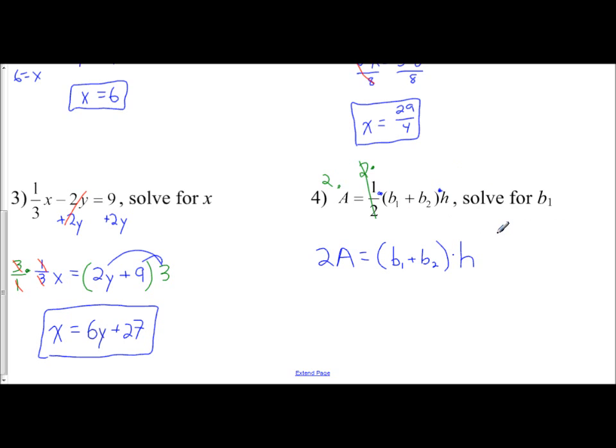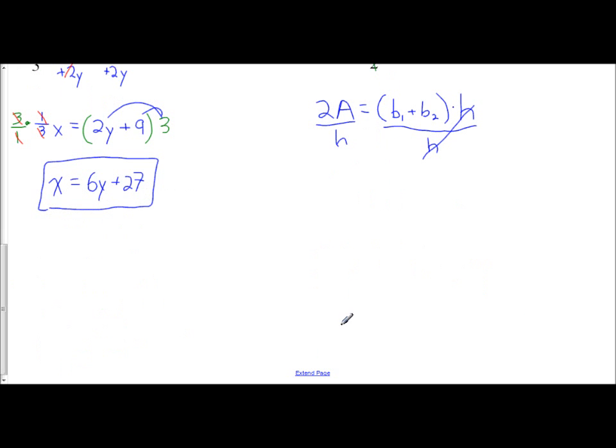And so keeping that in mind, I got to get rid of this h. Well, this h is being multiplied to that entire quantity. So I'm going to divide by h on the right side and divide by h on the left side. And that way, these can cancel. So really, I have 2a over h equals, well, now all that's left is b1 plus b2.